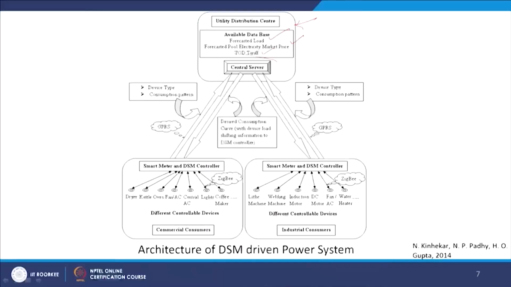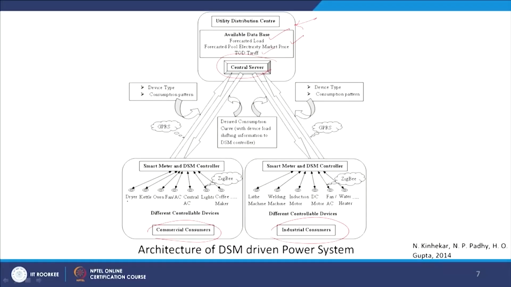Now, we do have a central server, and my commercial customers and industrial customers, assume that they do have smart meters and DSM controllers, and they are partially smart in nature.